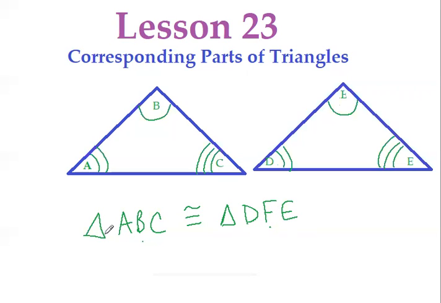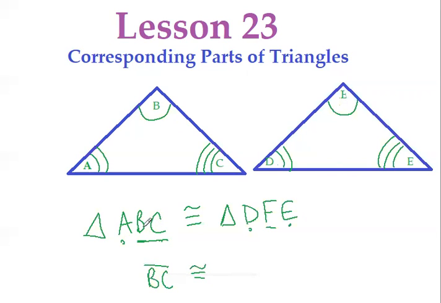So now that I've listed the triangle in the correct order, starting with the same angle and going to the ones that are congruent, it's really easy for me to say, without even the picture, A must be congruent to D, and B must be congruent to F, and C must be congruent to E. And so then if I said, okay, line segment BC, what's that congruent to?